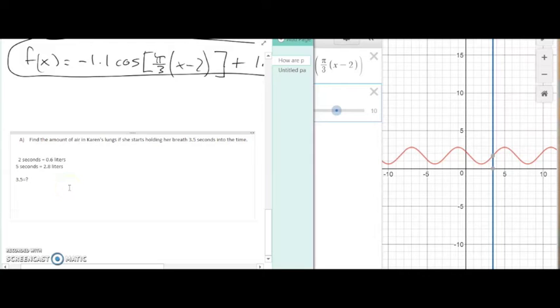Between 2 and 5 seconds, the average is 3.5, so we could conclude that the amount of air is the average of 2.8 and 0.6. 2.8 plus 0.6 equals 3.4, and when you divide that by 2, it equals 1.7. So 1.7 liters in 3.5 seconds.